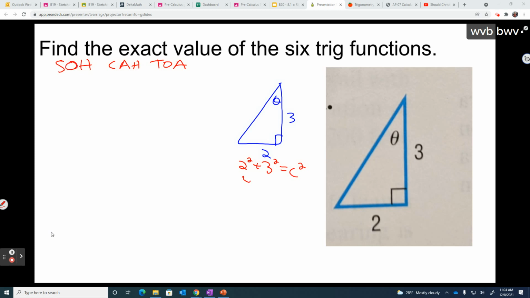So we get 4 plus 9 equals c squared. That gives us 13 equals c squared. Square root of 13, unfortunately. I can't simplify it with these, so we just leave it as the square root of 13. So that goes here.